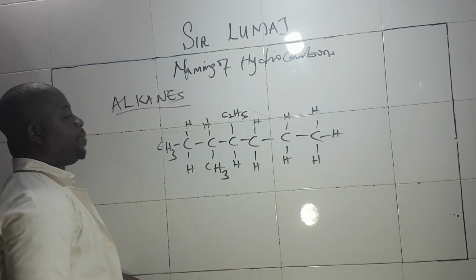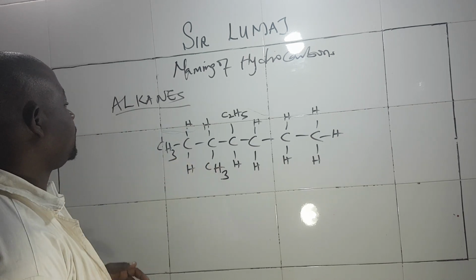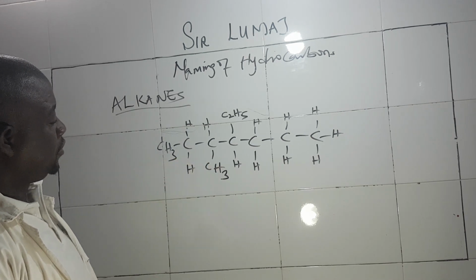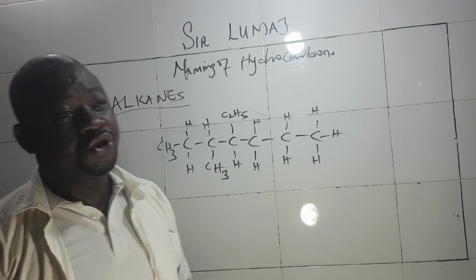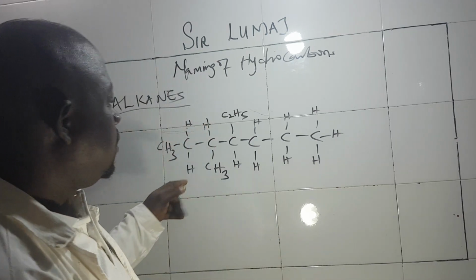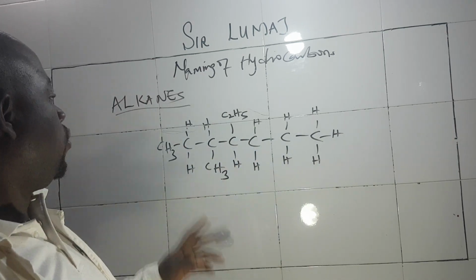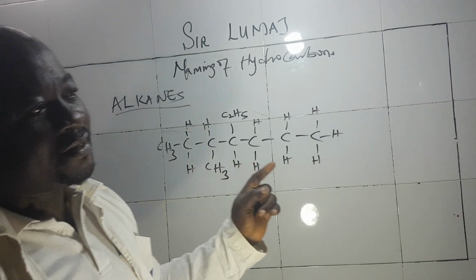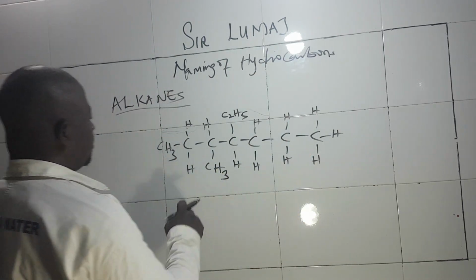In this compound, we have a straight chain, and we also have a branch chain. So it depends on how we want to name this compound following that rule. I said locate the longest continuous carbon atom chain.